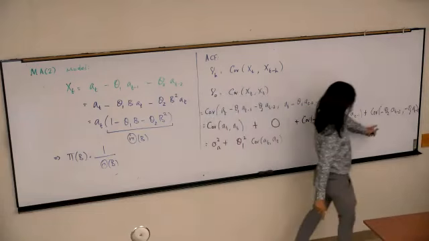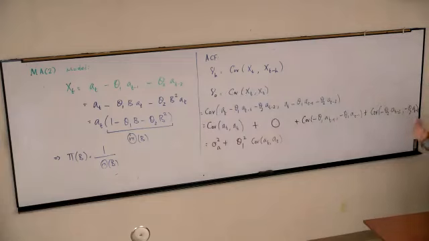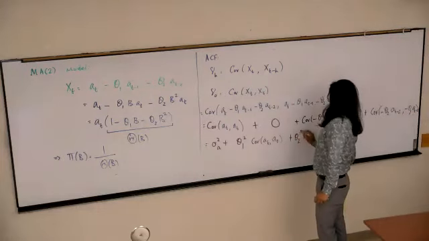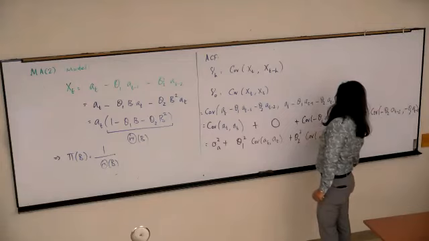Same logic over here: if I pull negative theta 2 out, negative theta 2 times negative theta 2, you will have theta 2 squared.